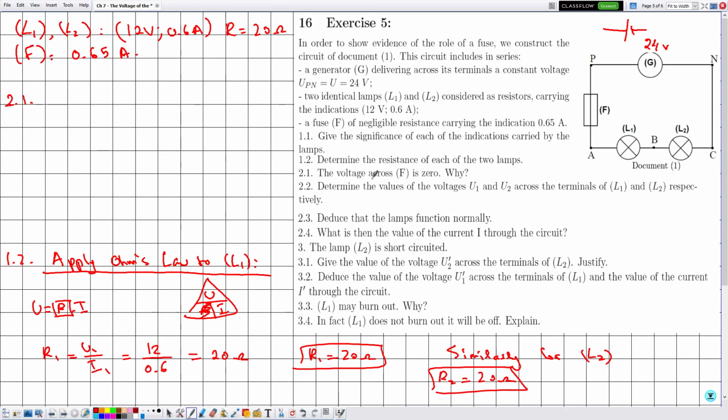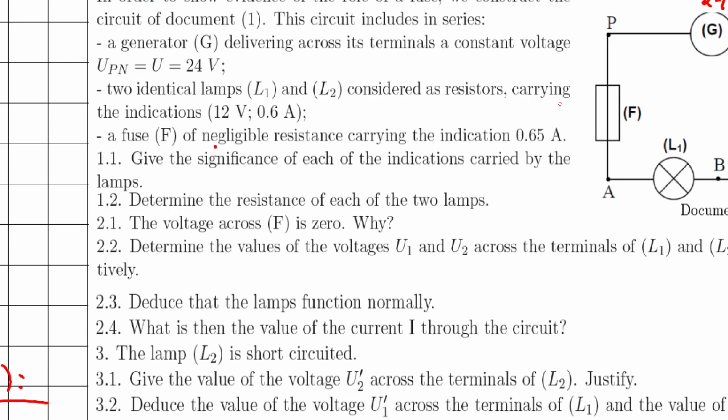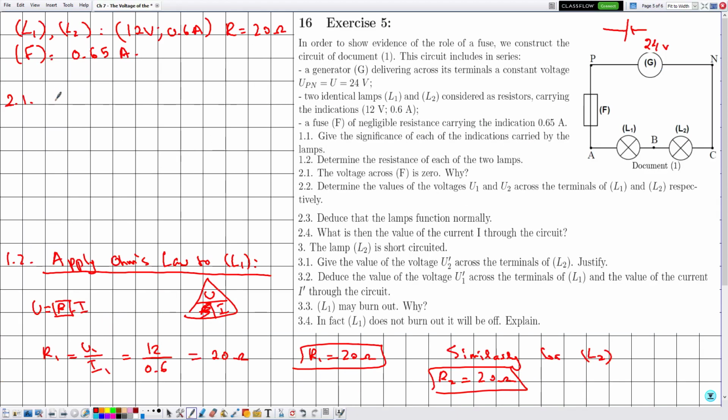Now in 2.1 they are telling me the voltage across F is 0, so notice that the fuse is of negligible resistance. So the voltage is 0 since it is of negligible resistance.